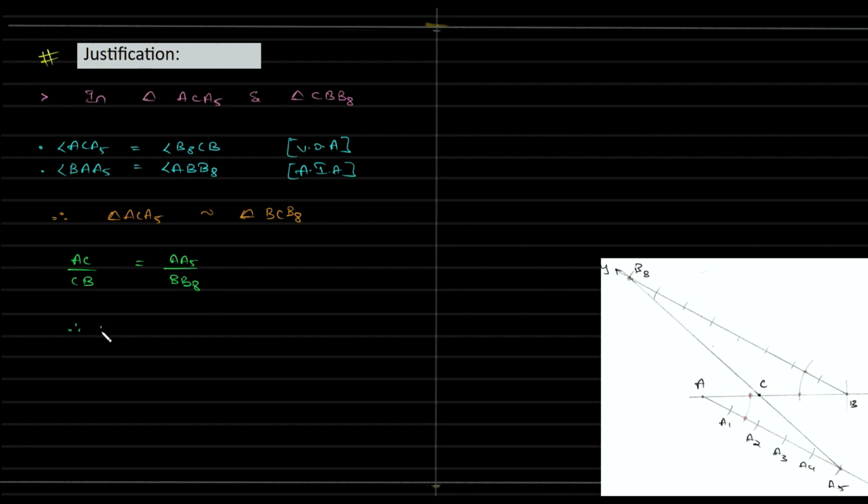So therefore AC by CB is equal to 5 by 8, right? So that would be your justification. That's it. This is by CPST, corresponding parts of similar triangles.